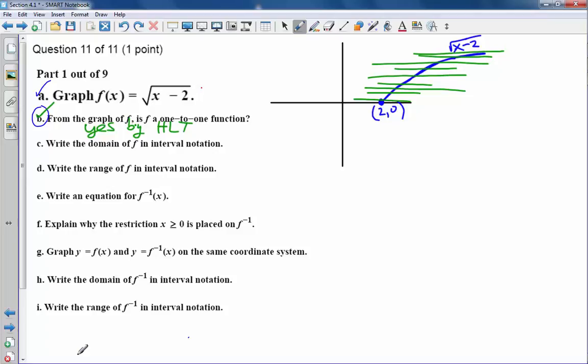Write the domain of f in interval notation. Look, these are all past information. How do you find the domain of a function if you're lucky to be given the graph of it?